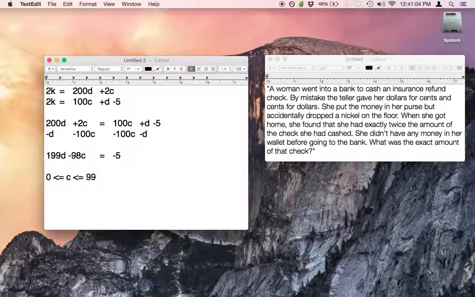Now for D, which represents the number of dollars, I suppose 0 could be the smallest number of dollars, and there's probably no upper limit.